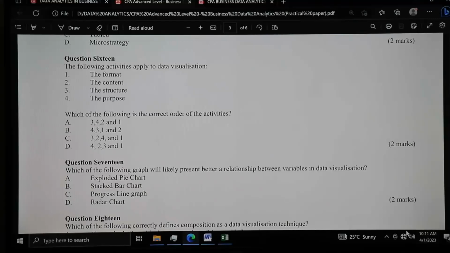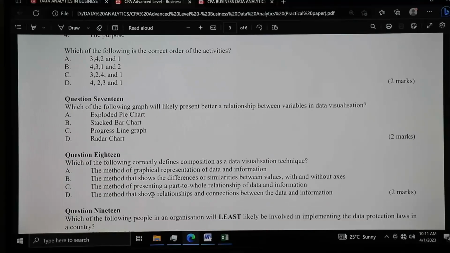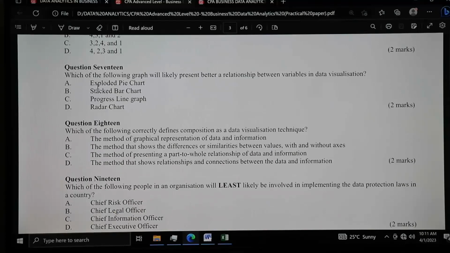Then question 8. The progress line graph is just like a histogram or any other graph, a graph made of lines. Which of the following correctly defines composition of data visualization?